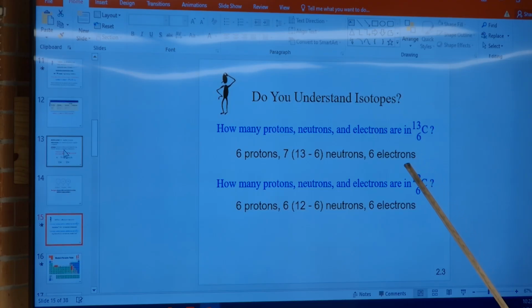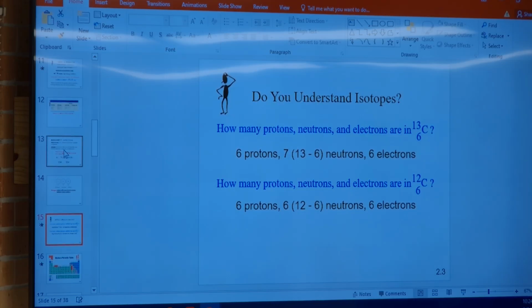Then how many neutrons? It is the difference between mass and proton number, because mass comes from proton plus neutron, right? So mass number minus proton number is neutron. Then 7. Then how many electrons? 6. Because as an atom, there is no net charge. If you have 6 protons, you should have 6 electrons. Then overall, no net charge.